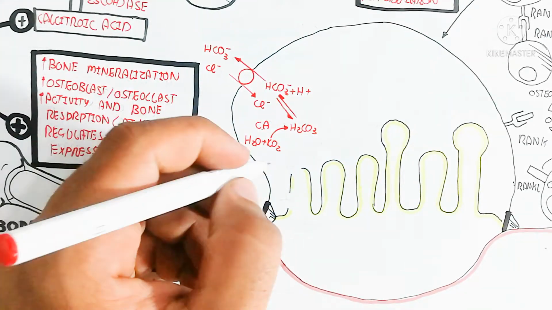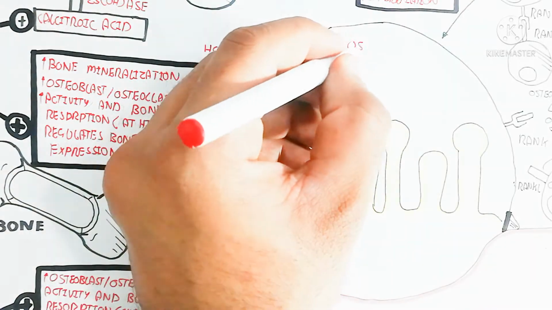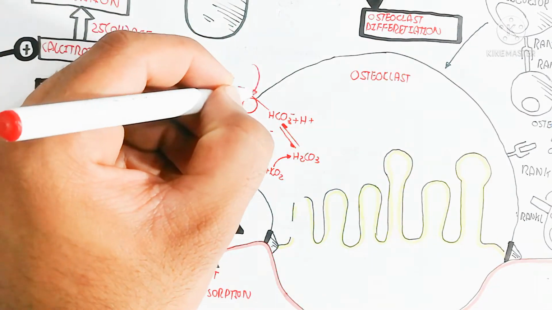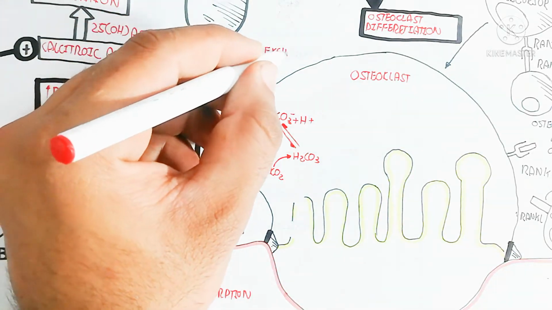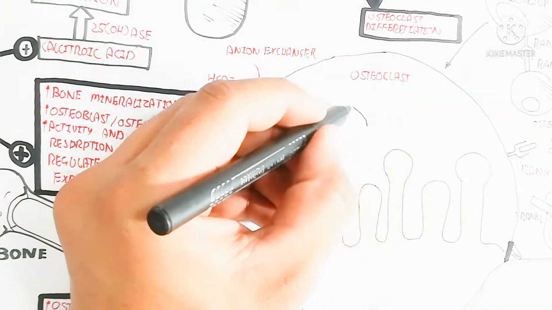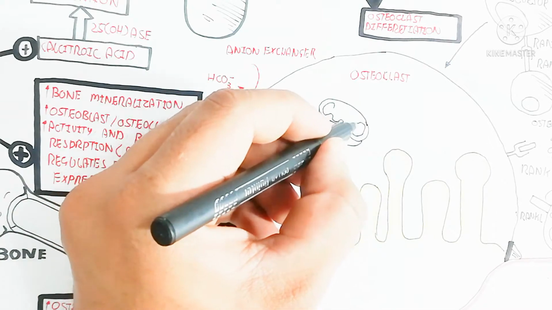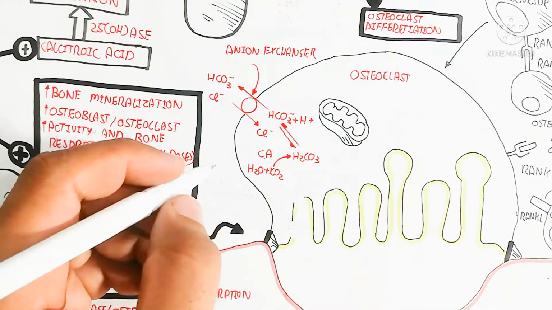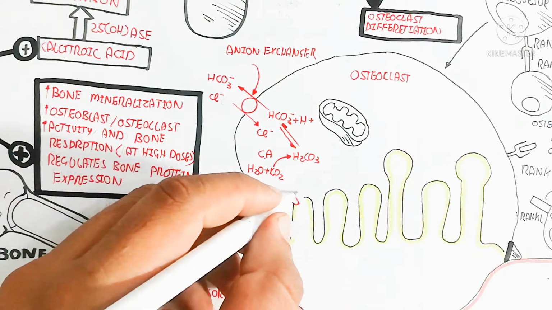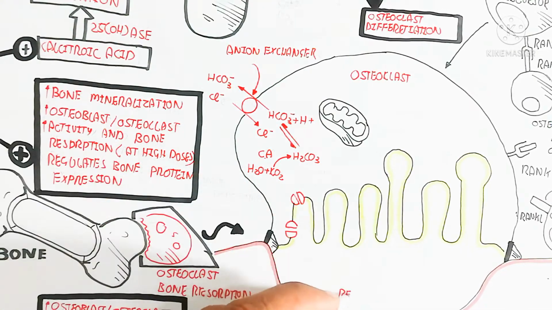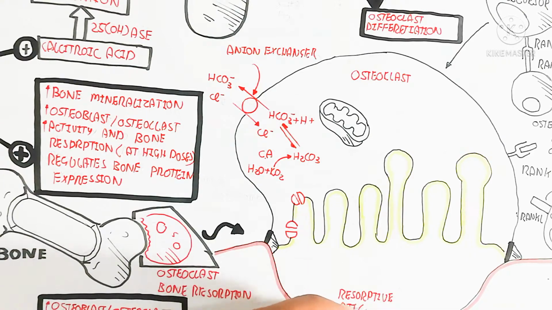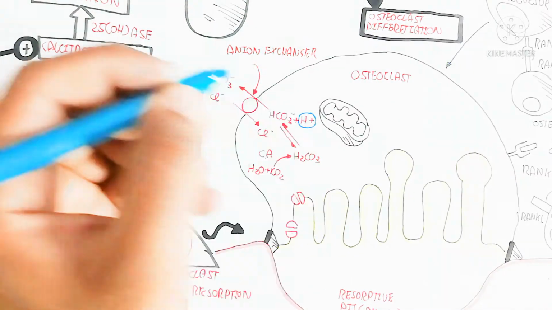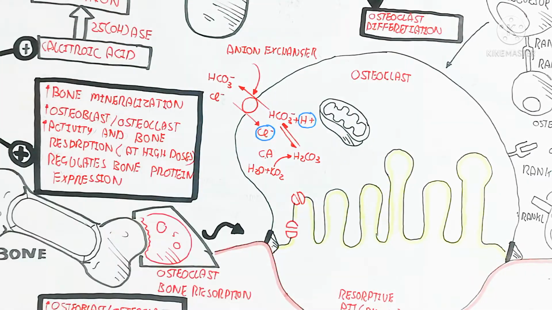Here is the bicarbonate anion, which will move out from the carbonic acid dissociation through the carbonic anhydrase enzyme, and chloride ion will move inside. Water and carbon dioxide bind with carbonic anhydrase to produce carbonic acid, which is a reversible reaction, and that produces the proton and chloride ions.